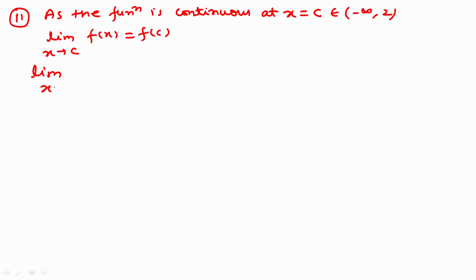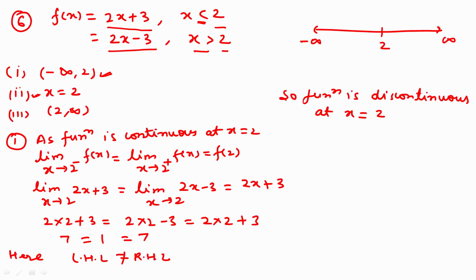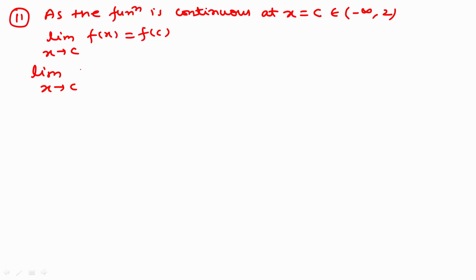Limit x tends to c, the function will be, minus infinity to 2 lies between minus infinity to 2, and here the value of c is always less than or equal to 2. So for less than or equal to 2, we will take this function 2x plus 3. 2x plus 3 is equal to 2x plus 3. On taking limit, 2c plus 3 is equal to 2c plus 3.